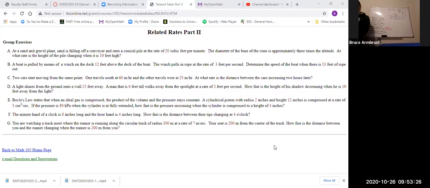And then read a little bit further. It says, how fast is the height of his shadow decreasing when he's 10 feet away from the light? Okay, so that 10 feet, is that going to be changing? Is the distance between him and the light changing?